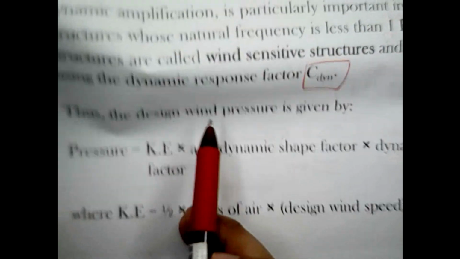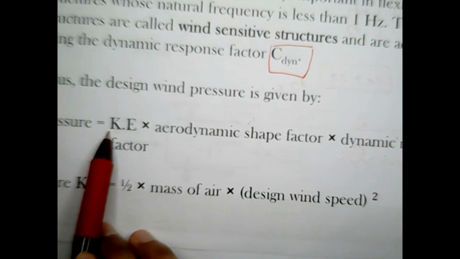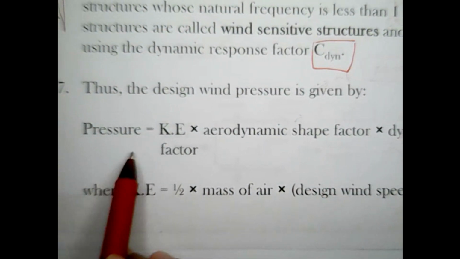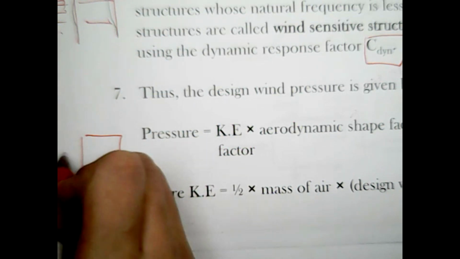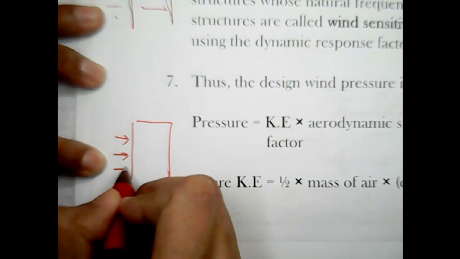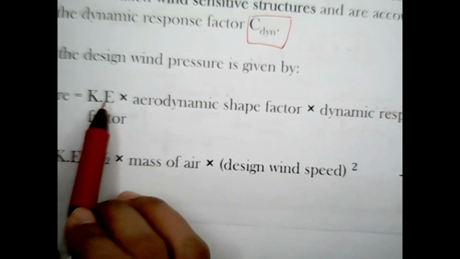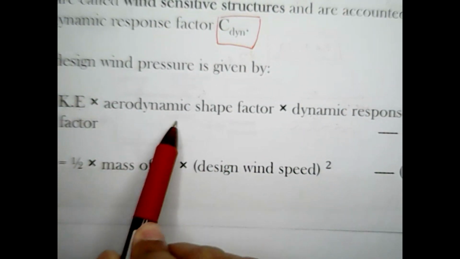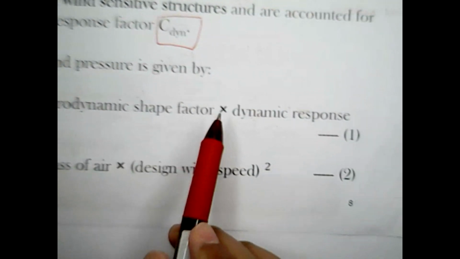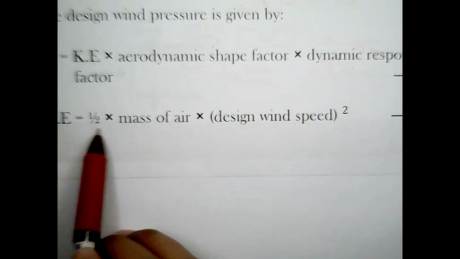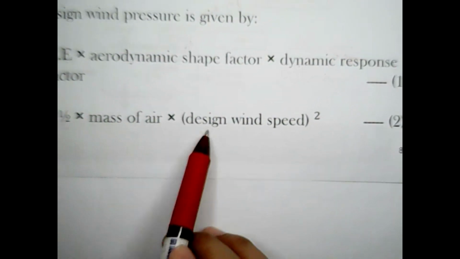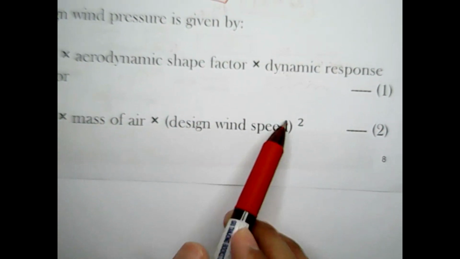So the design wind pressure is given by kinetic energy. This is your building, and we want to know the wind pressure. The design wind pressure is equal to kinetic energy times the aerodynamic shape factors times the dynamic response factors, where kinetic energy is half of the mass of air times the design wind speed squared.